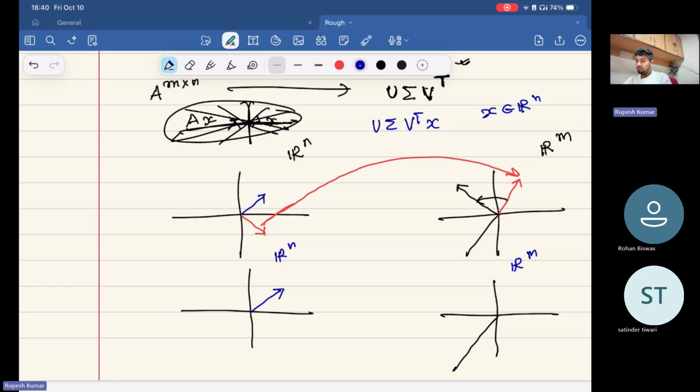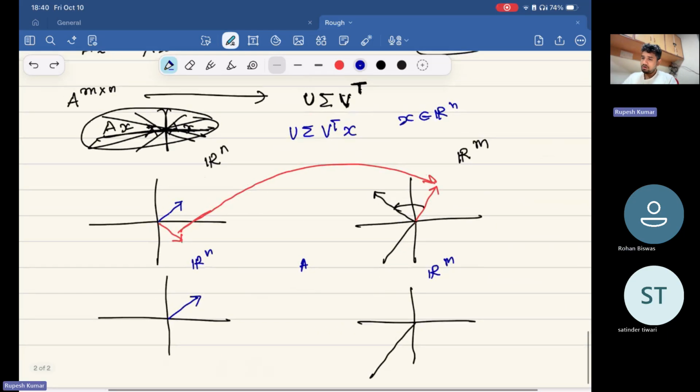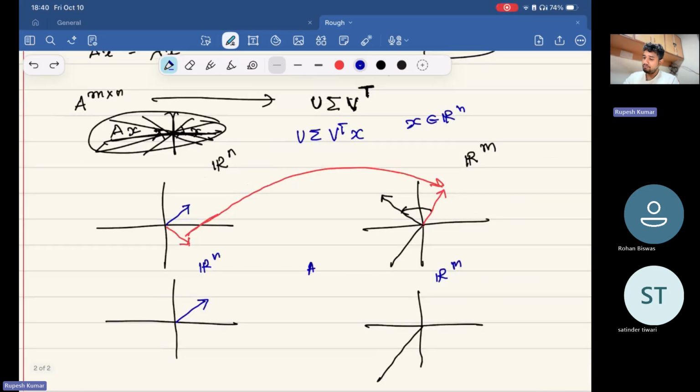When you multiply with a matrix A, you simply transform it into some vector in the R^m space, right? You remember this, everyone? So basically what I have done here is just added some more details that show how everything is going on inside the picture.